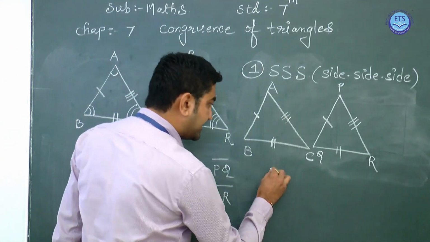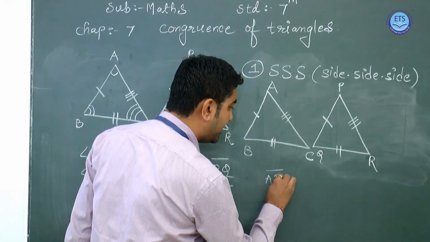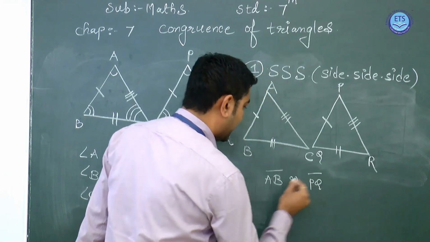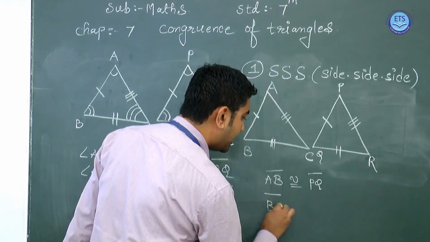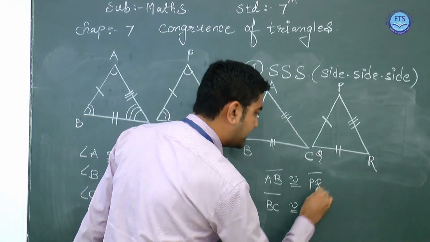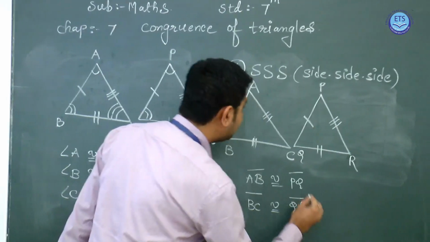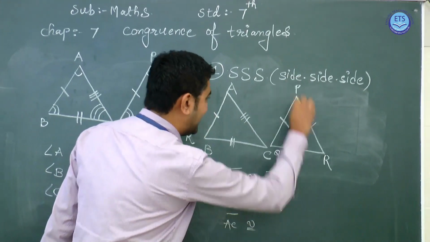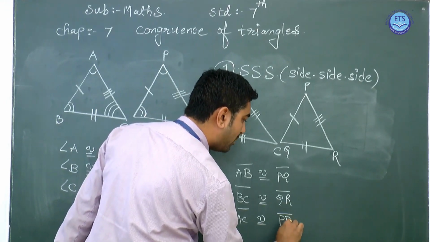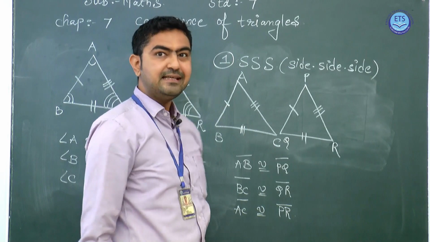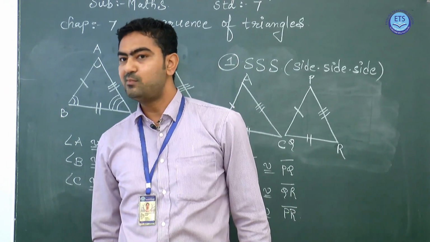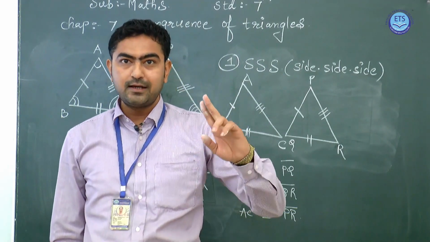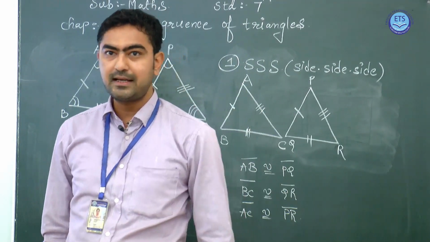So you should write line segment AB is congruent to line segment PQ, line segment BC is congruent to line segment QR, and line segment AC is congruent to line segment PR. The two figures are already given here in the smart class.